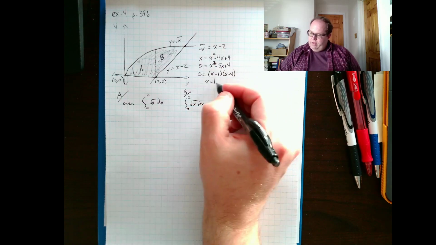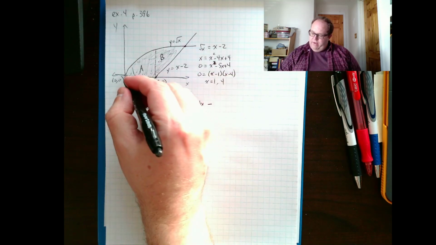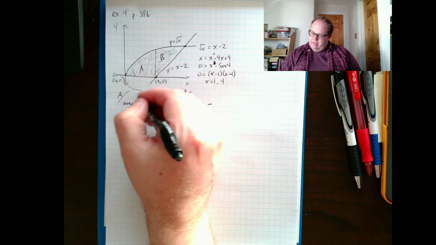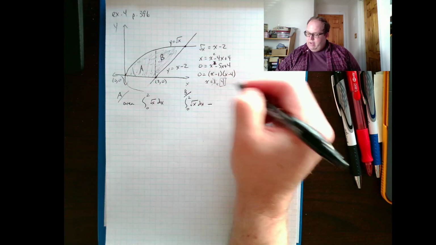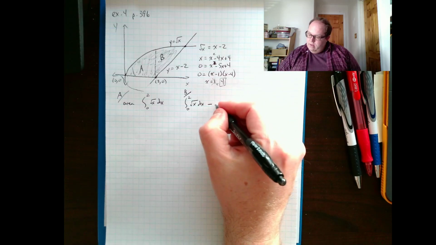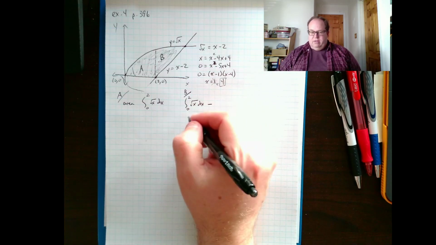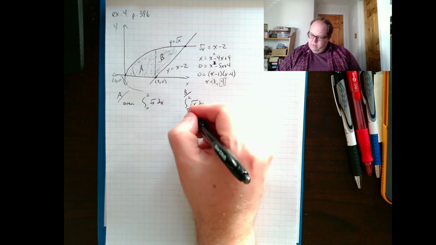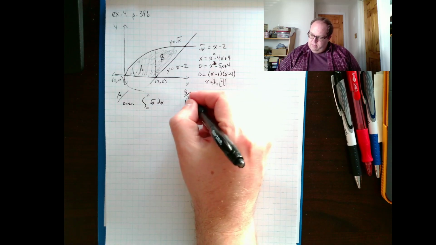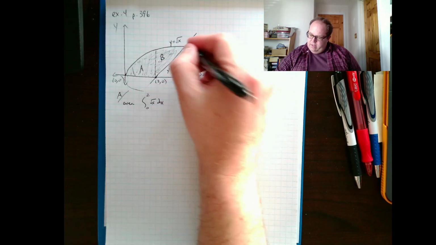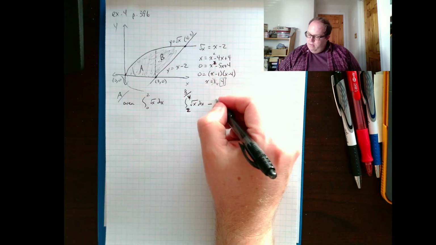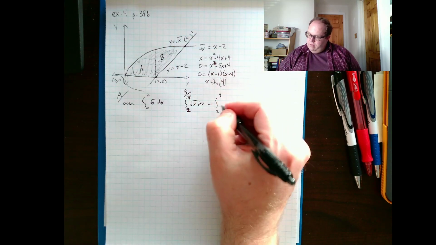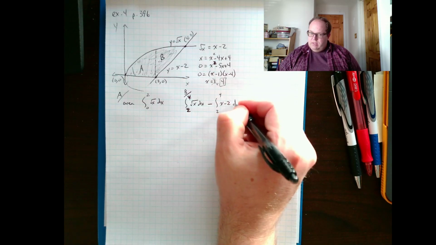X equals 1 is a very crude artifact. If I brought the line back here, I'd get an intersection at 1. So I don't really care about that. I'm interested at 4. So this should not have been the integral from 0 to 2. This should have been the integral from 2 up to 4. So that's where the intersection's happening. Minus the integral from 2 to 4 of x minus 2 dx.